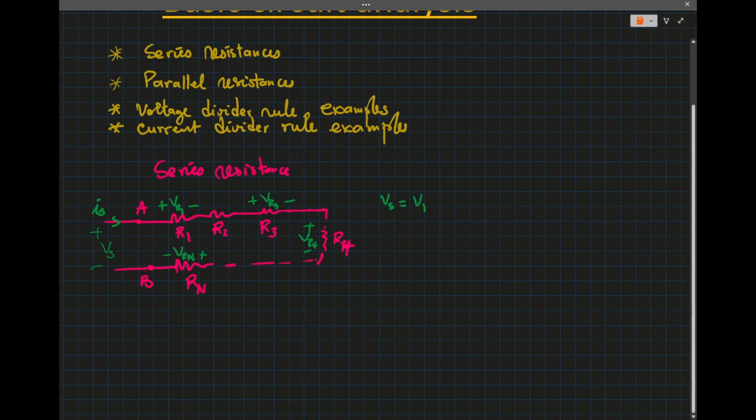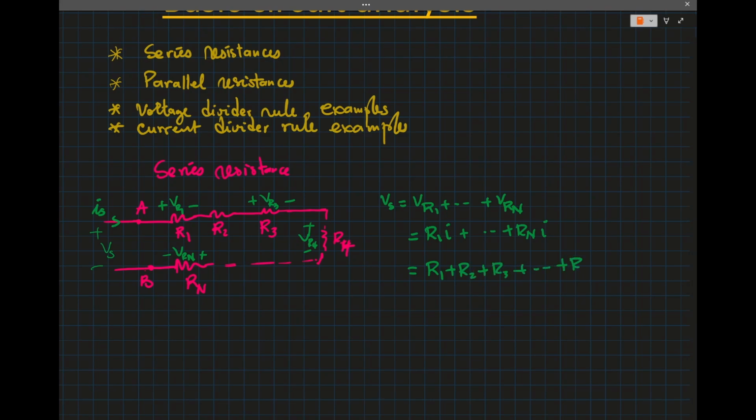When we do KVL, it's VR1 plus through VRn. So Ohm's law gives R1 I plus through Rn I. So we have R1 plus R2 plus R3 plus Rn, times I.